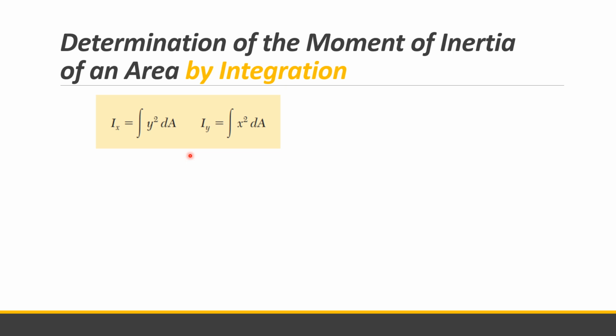So determination of the moment of inertia of an area by integration. So just like the previous natin na module, you will determine the centroids by integration. And also this time you will also determine moment of inertia by integration. So we define in the preceding section the second moment, or moment of inertia, of an area with respect to x-axis.